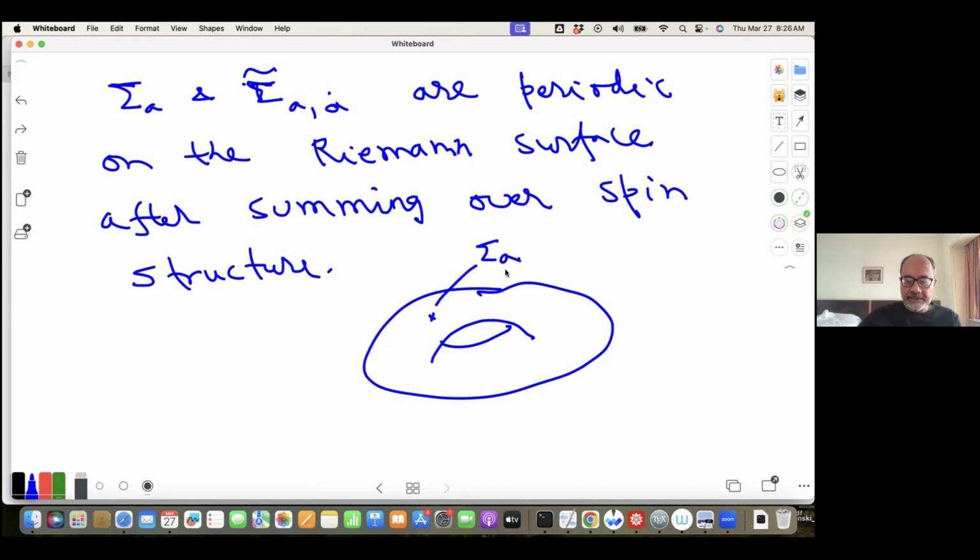As you know, the sigma_A creates a branch cut for psi mu. Now let's suppose, to begin with, psi mu was periodic.